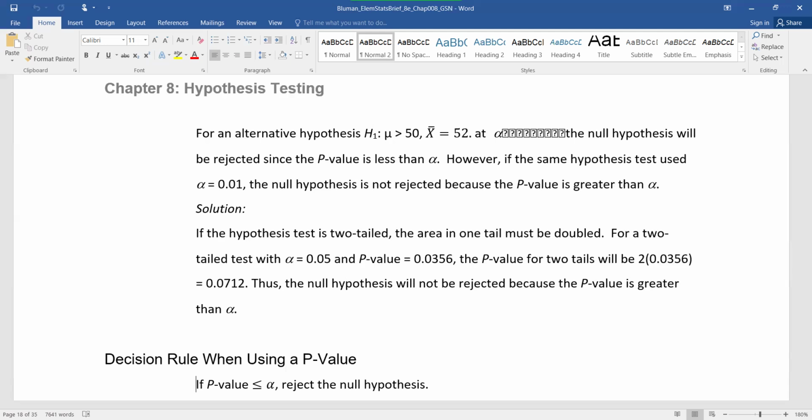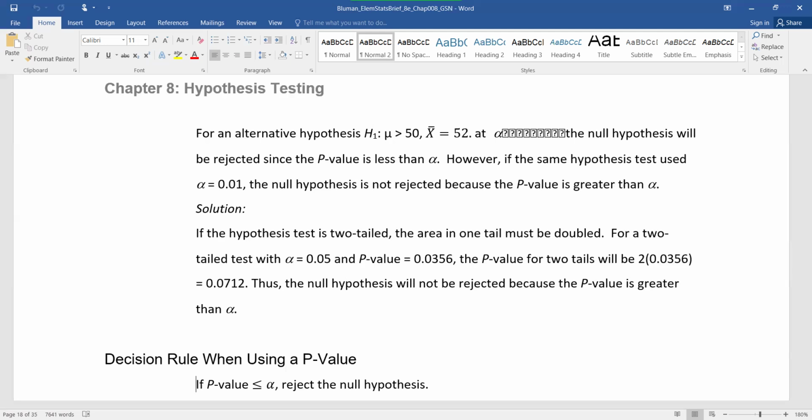If the hypothesis test is a two-tailed test, the area in one tail must be doubled. For a two-tailed test with alpha at 0.05, you look at the 0.0356 for one tail, and two tails would be twice that, which is 0.0712.